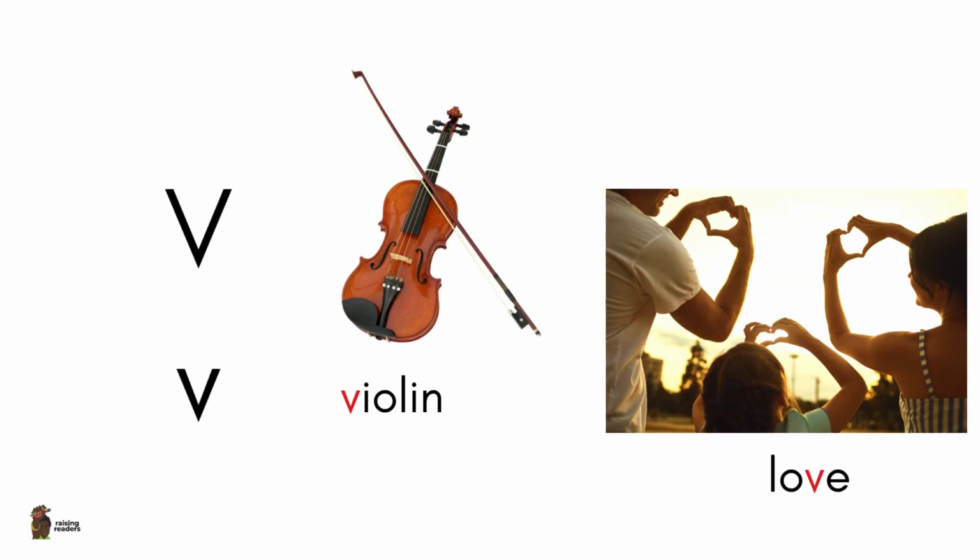It's so cool. So V, it's fun because it makes the V sound, and it's also in his name. And we hear that in violet and violin and five and love, right? We hear it and it makes our lips tickle a little bit, and it's in his name, so we can't forget it. And also, a little tad bit is that V is shy and she doesn't like to go at the end.